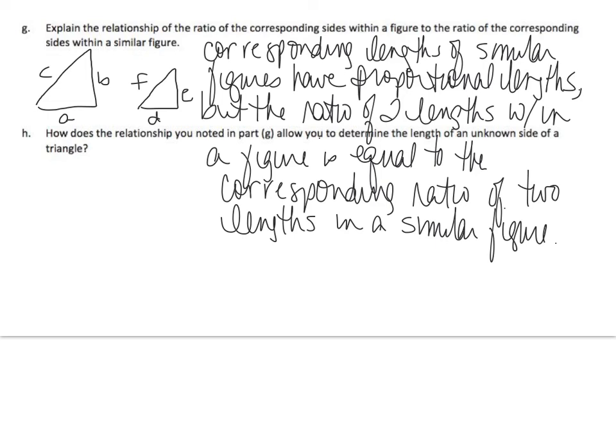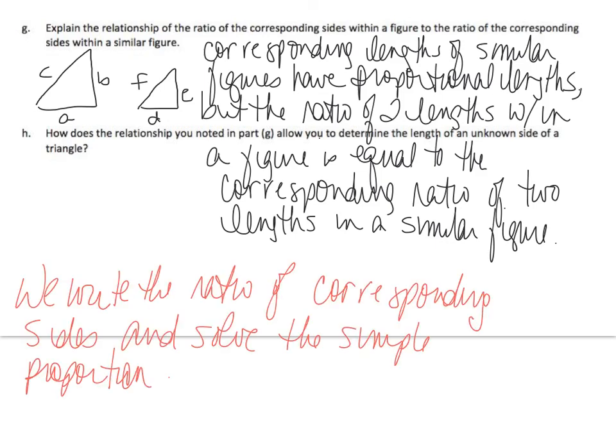It's what we did for the last 3 triangles. So since the ratios are equal, the unknown length can be found by solving this simple equation, just cross multiplying. Summarizing that, we write the ratio of corresponding sides and solve the simple proportion.